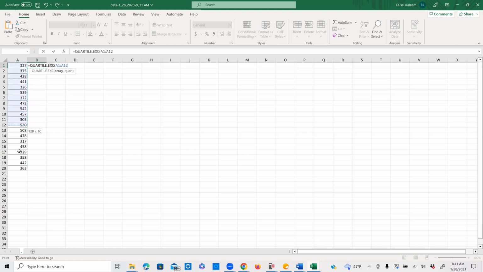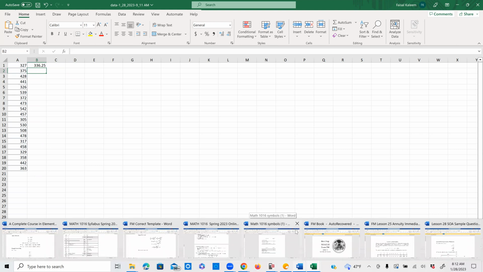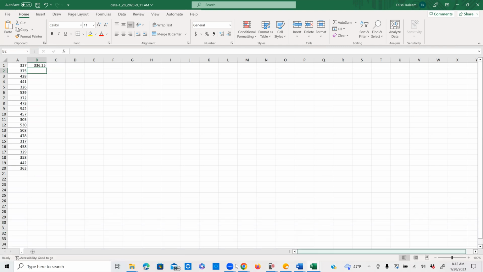And then we highlight the data and comma 1. That gives the first quartile. It's 336.25. Let's record it.